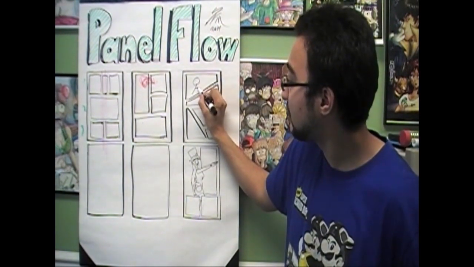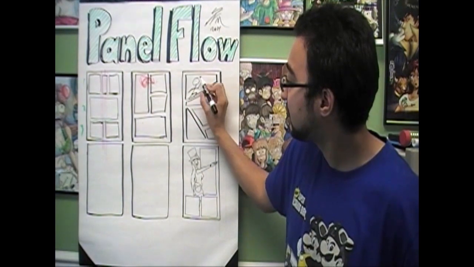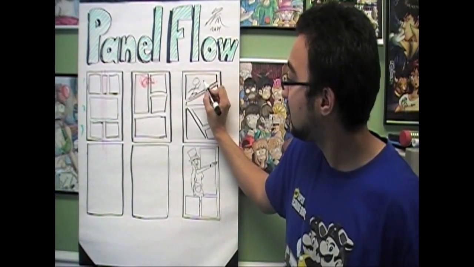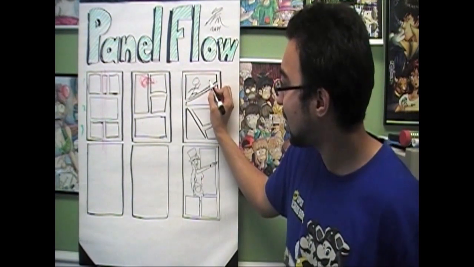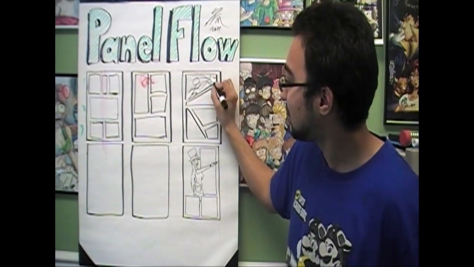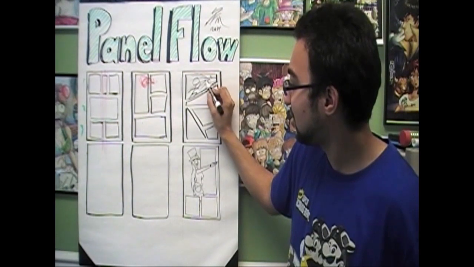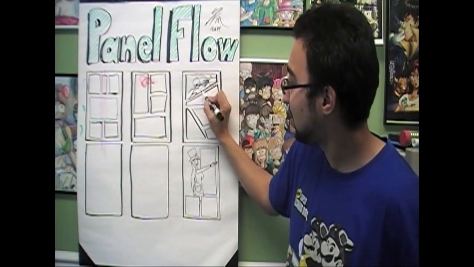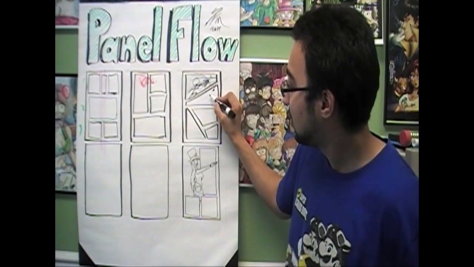Let's draw a stick figure guy. This is Ed, but he's going towards the right or something like that. So make sure he goes here. So naturally he goes this way. So your eye goes this way and then ends up here.